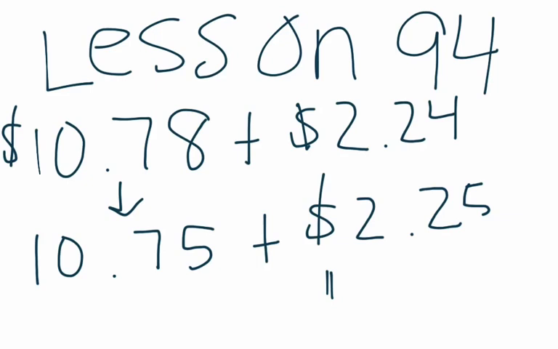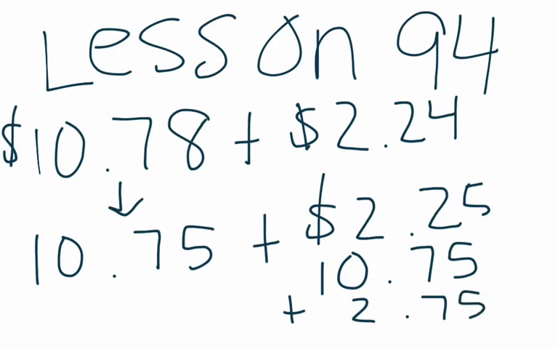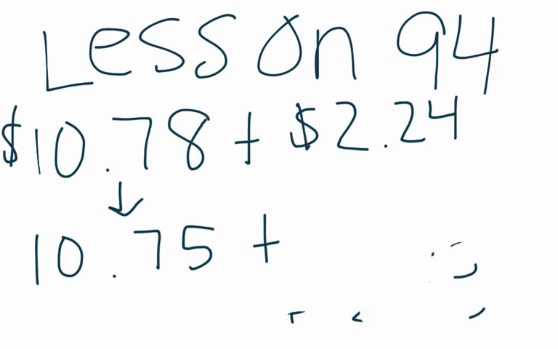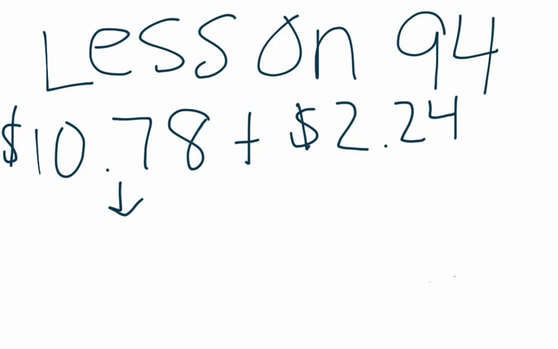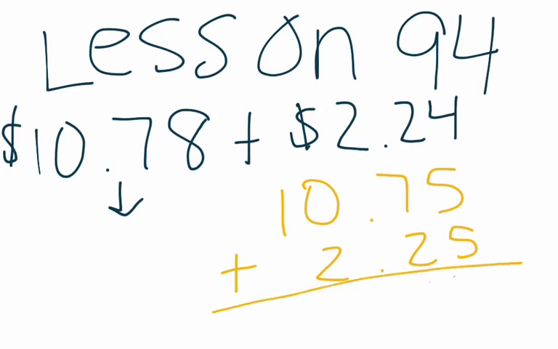changing our, oh my goodness, my pen isn't working very well today. $10.75 plus $2.25. I'm going to get the rest of this out of the way so we don't get confused. 5 plus 5 is 10.